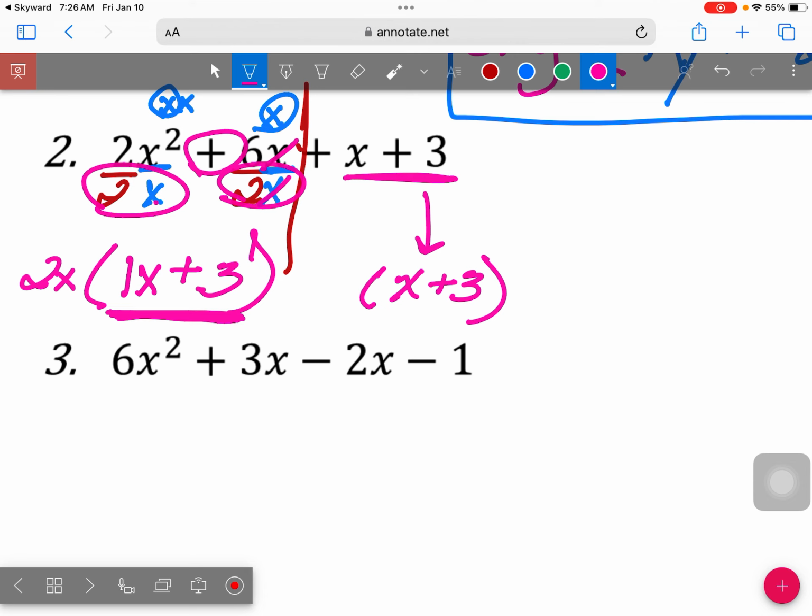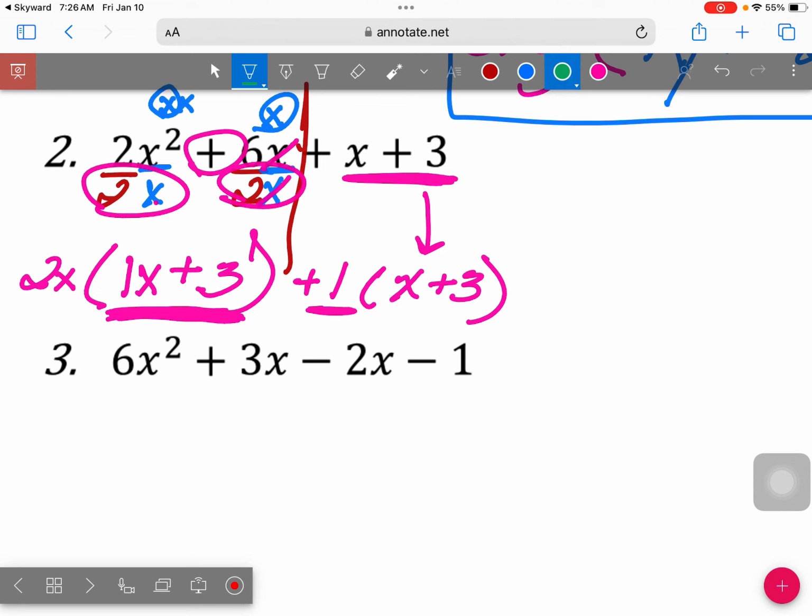So if I was to put this, what could I multiply this by here to make sure that this number times x plus 3 gives me x plus 3? It's got to be 1, right? So if what you're looking for happens to be what you have left, and you just bring that down, you just need to say plus 1 and multiply it times 1. Okay? Does that make sense a little bit? So that just saved you a whole bunch of time.